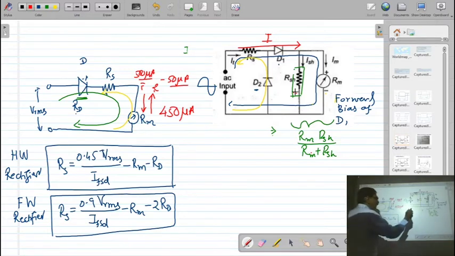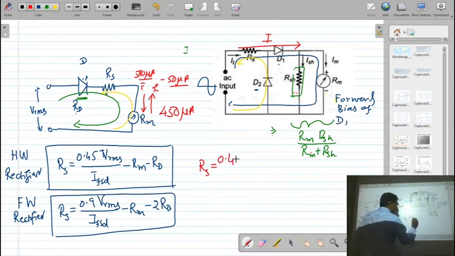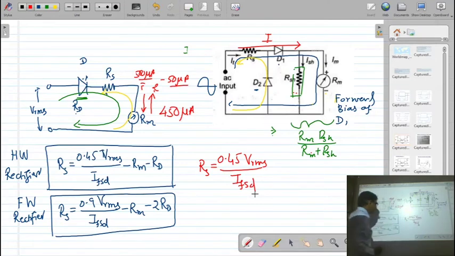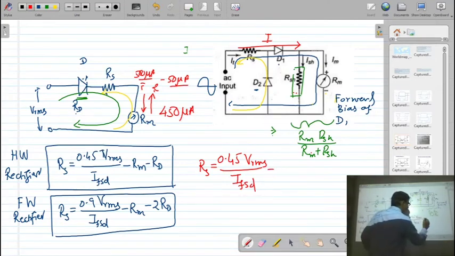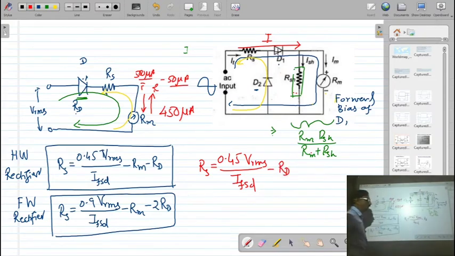So with this, what will be the formula? Here you can say this is a half wave rectifier. So Rs is given by 0.45 Vrms divided by IFSD, so this part is as it is, minus RD. We have to write this, because the current is also passing through the diode, you have to subtract the resistance of the diode.